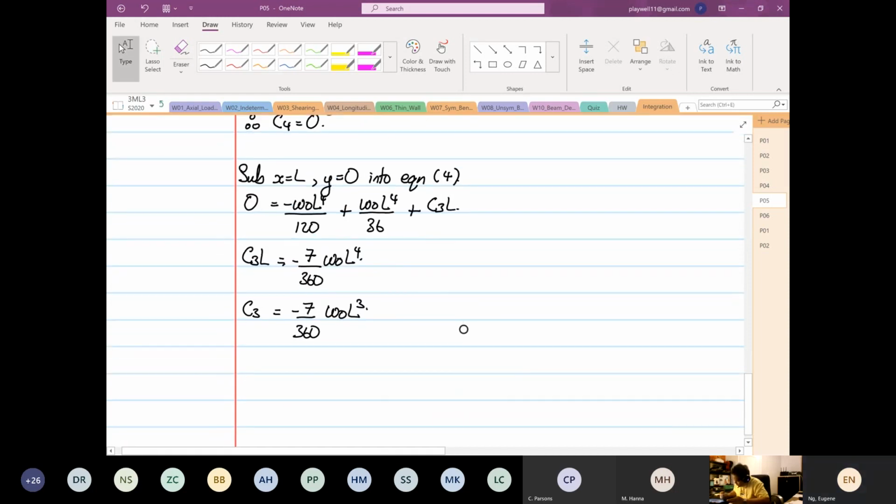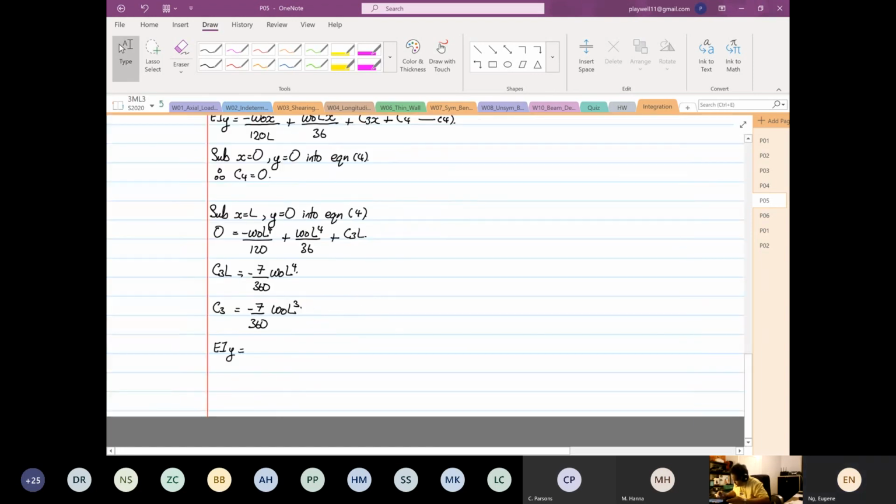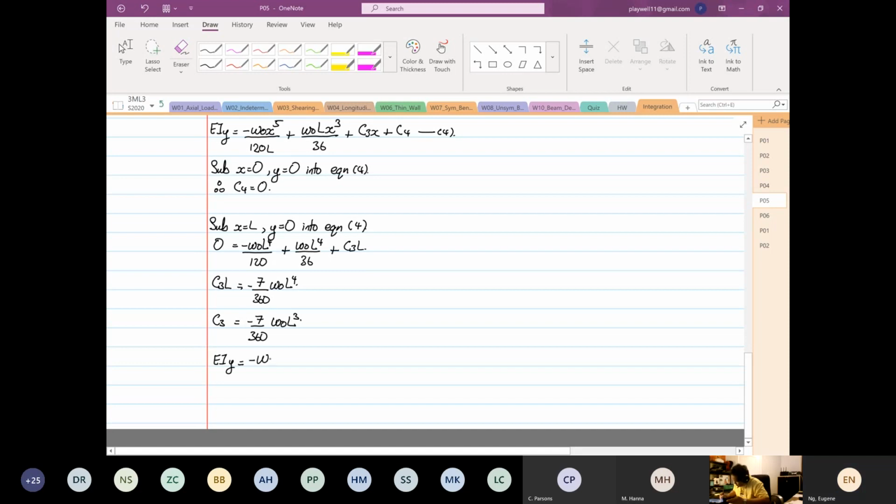So therefore, EI Y is equal to minus omega naught x^5 over 120L plus omega naught Lx cube over 36 minus 7 over 360 omega naught L cube x.